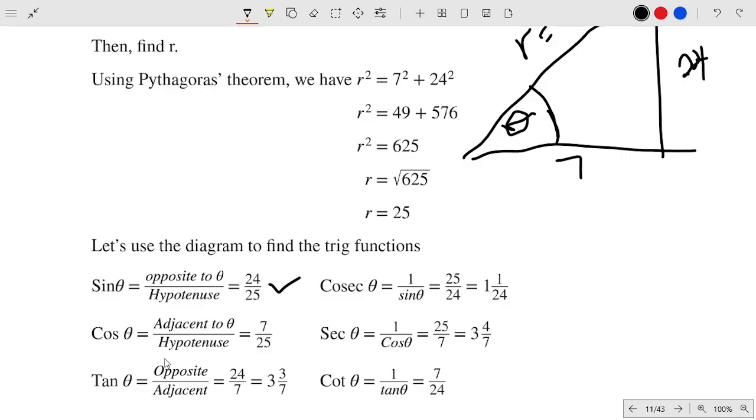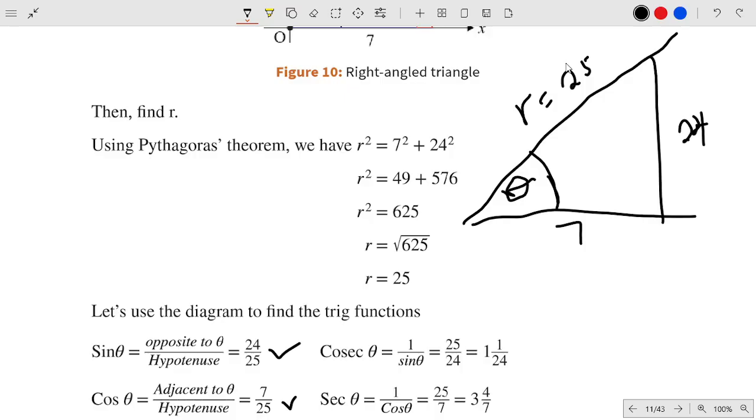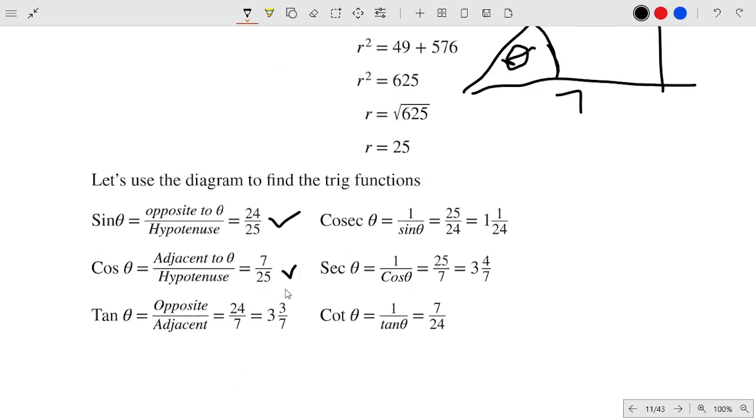And the cos is adjacent divided by the hypotenuse. The adjacent is 7 units and the hypotenuse is 25, so we have 7 on 25. Its reciprocal is sec. Sec theta is equal to 1 on cos theta. So if cos is 7 on 25, its reciprocal will be 25 on 7. Simple as that.